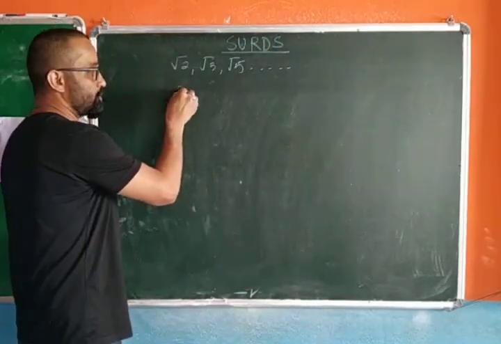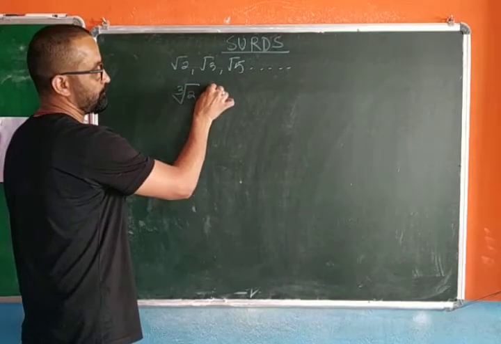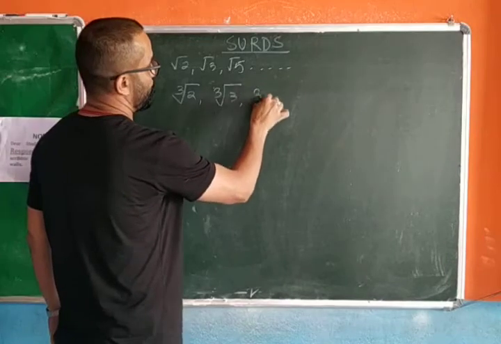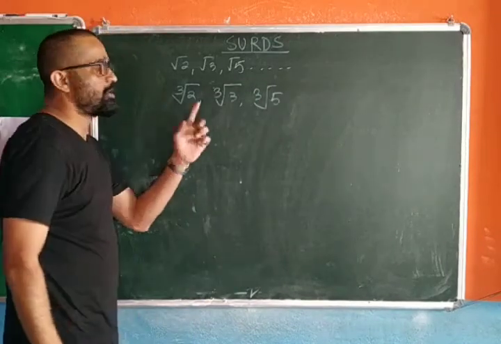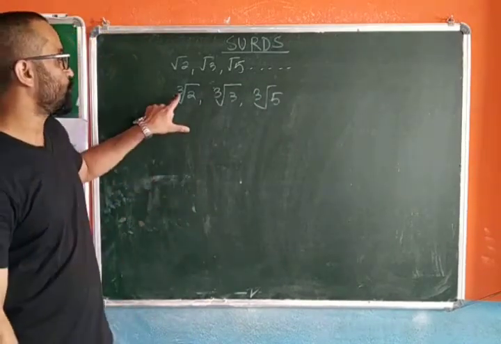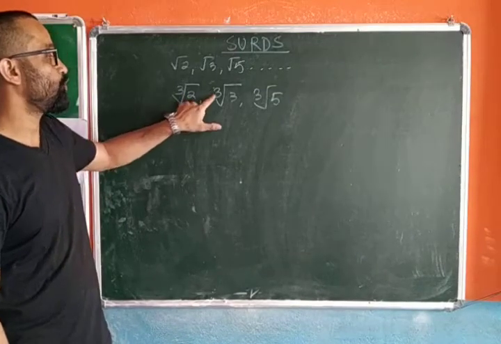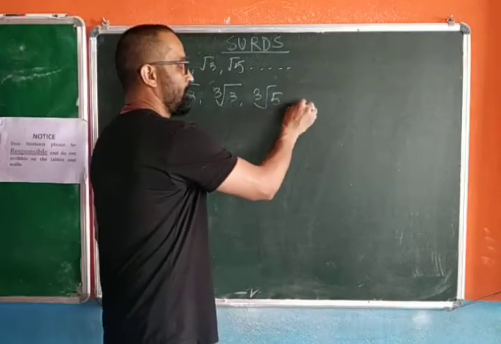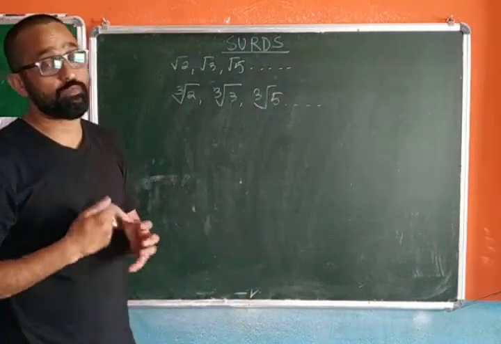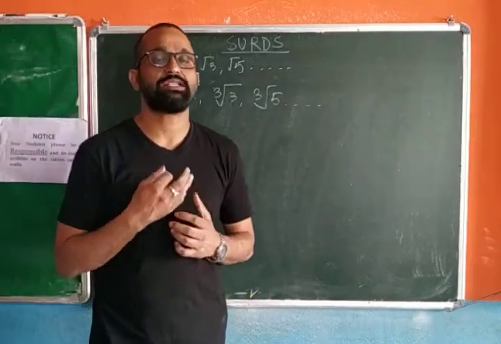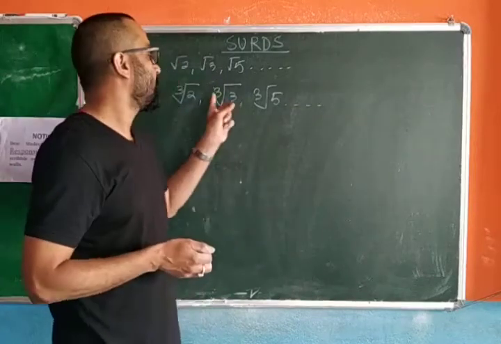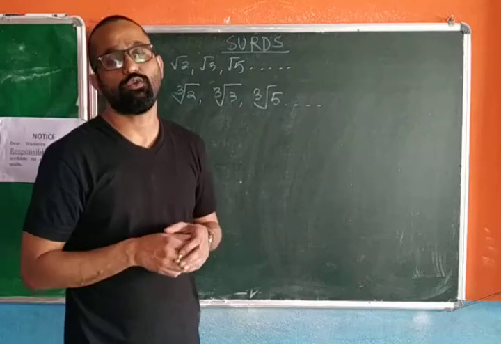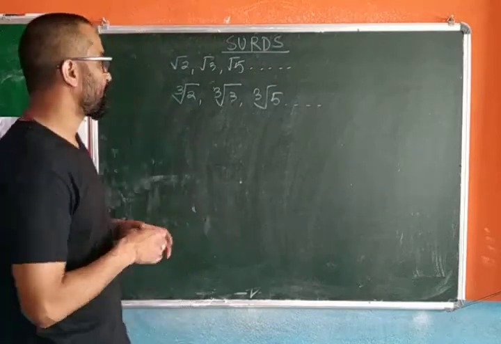If I write cube root of 2, cube root of 3, cube root of 5, these numbers are also irrational. The numbers which cannot be expressed as a cube of a rational number or any number are called surds.